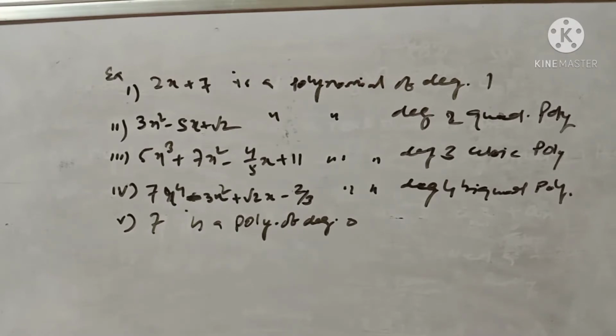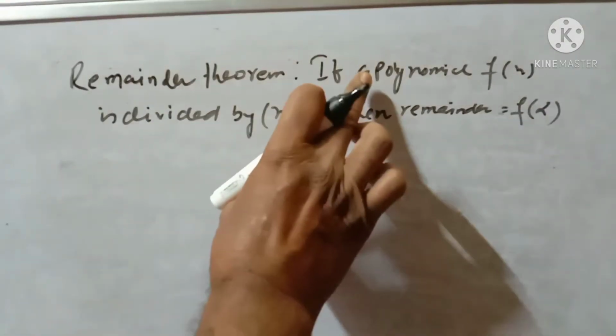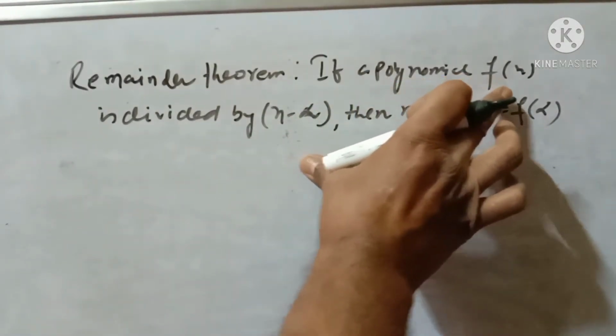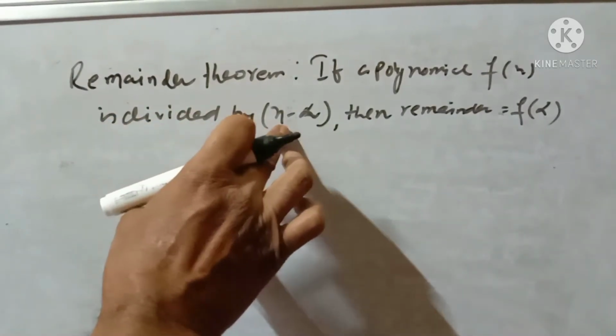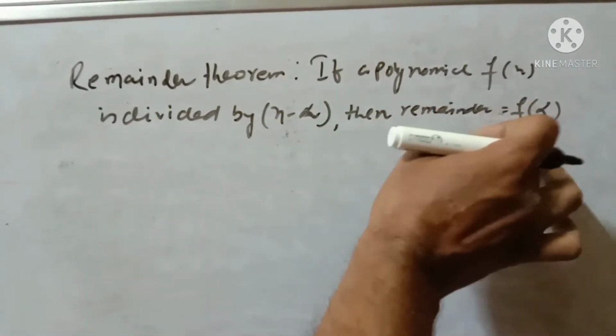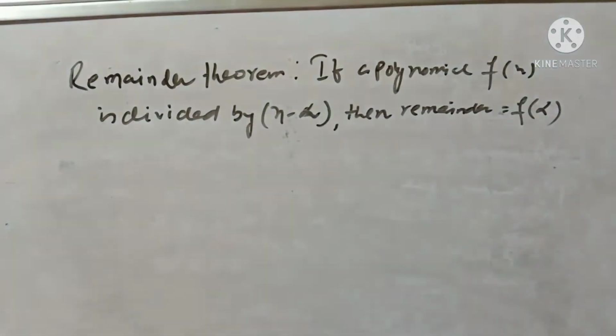Okay, factor theorem, remainder theorem. You are not going to be asked to prove these theorems, so please see what the factor theorem is and how it works. Remainder theorem: if a polynomial f(x) is divided by x minus alpha, then the remainder will be f(alpha).